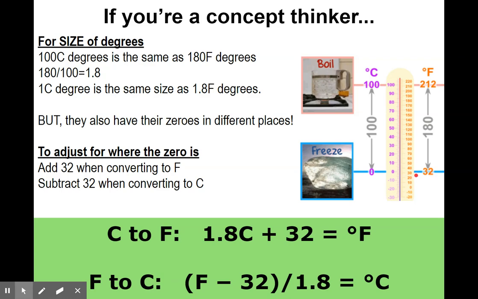I confuse those two in my head, so I have to concentrate on that. So 0 degrees is the same as 32 degrees in the amount of temperature there is, in the amount of energy that there is. It's exactly the same. It's this human thing that we put on here, calling it these different numbers. Okay, so you're going to add 32 when converting to Fahrenheit, and subtract 32 when converting to Celsius.